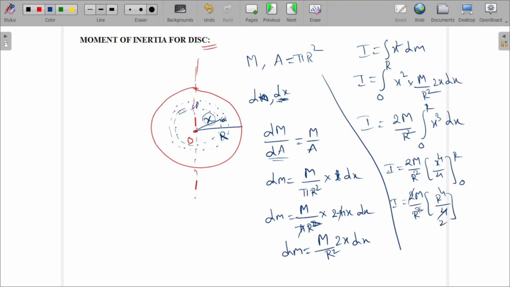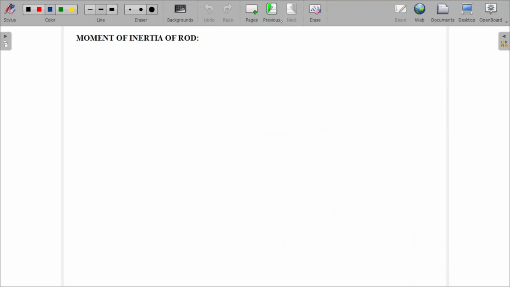So 2 ones, 2 twos, R square, here 2 gets cancelled, I equals MR square by 2. This is the moment of inertia for a disk. Okay, clear?